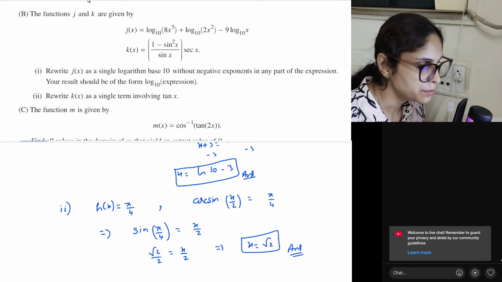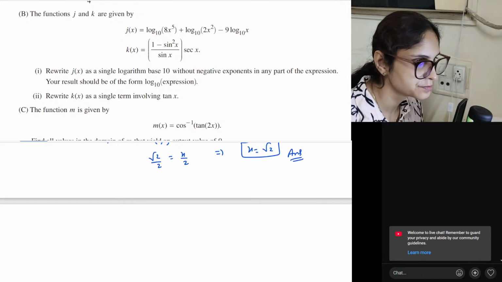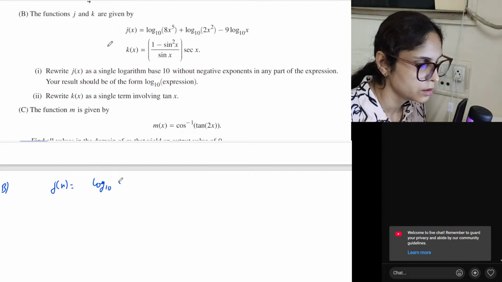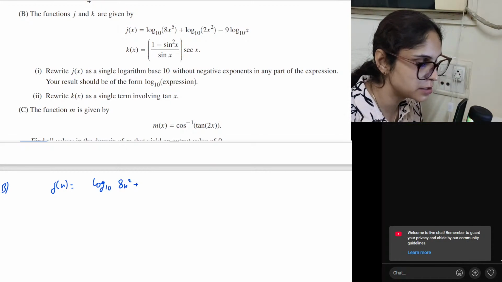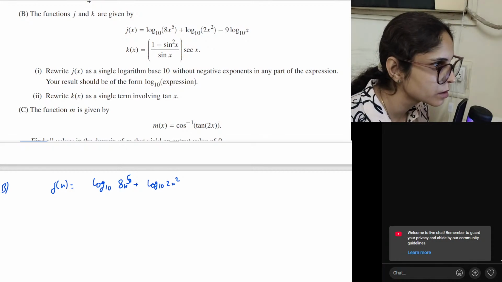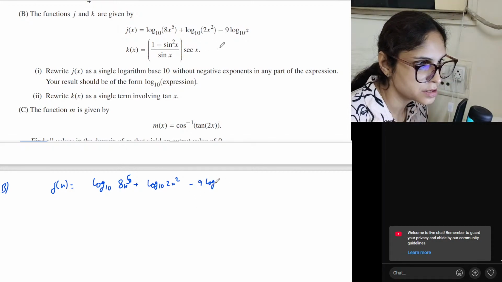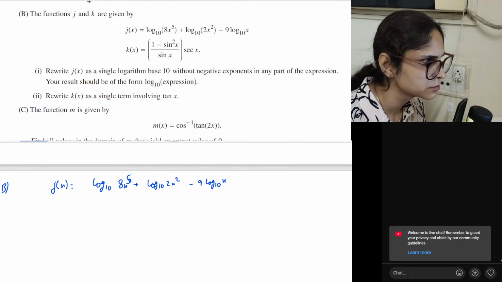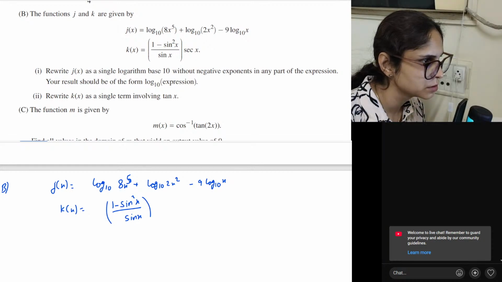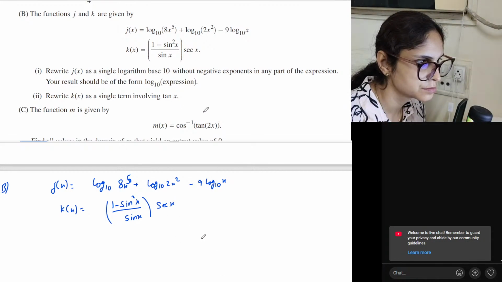All right. Now in part B, the functions j and k are given by j of x is equal to log base 10 of 8x to the fifth plus log base 10 of 2x squared minus 9 log base 10 of x, and k of x is 1 minus sine squared x over sine x times sec x.